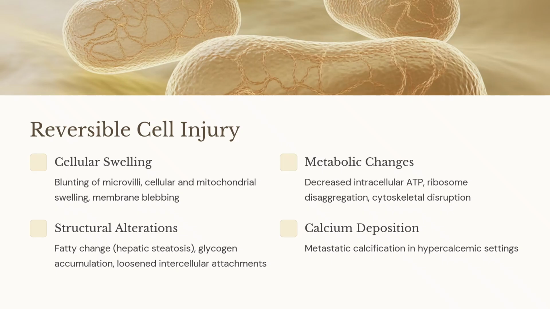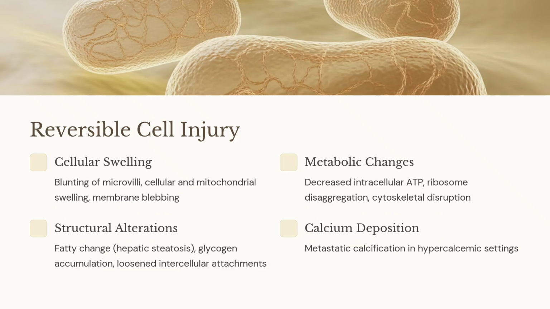The machinery inside the factory, like the ribosomes and mitochondria, all collapse, and the factory buildings collapse. That's what cytoskeleton disruption is. The membranes bleb, the microvilli blunt and the cell junctions loosen. So because of all this, there is a metabolic backlog. The machinery in the factory is lost.